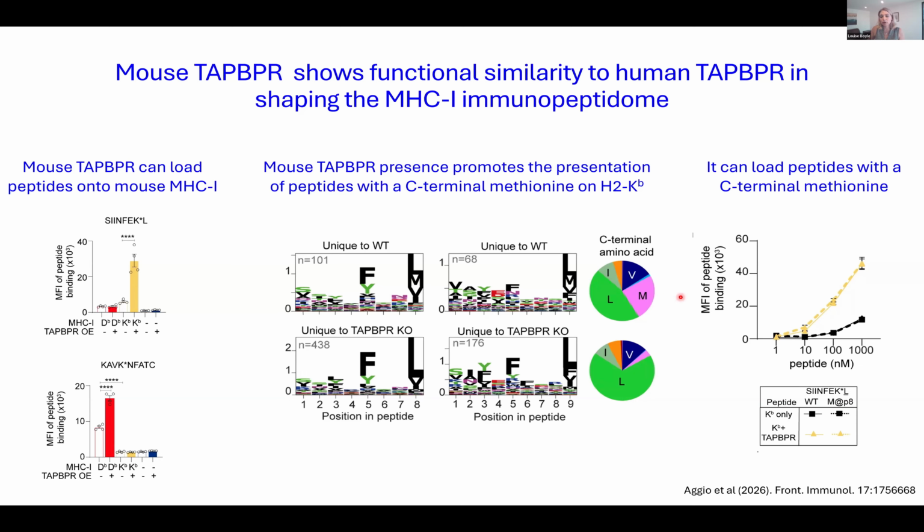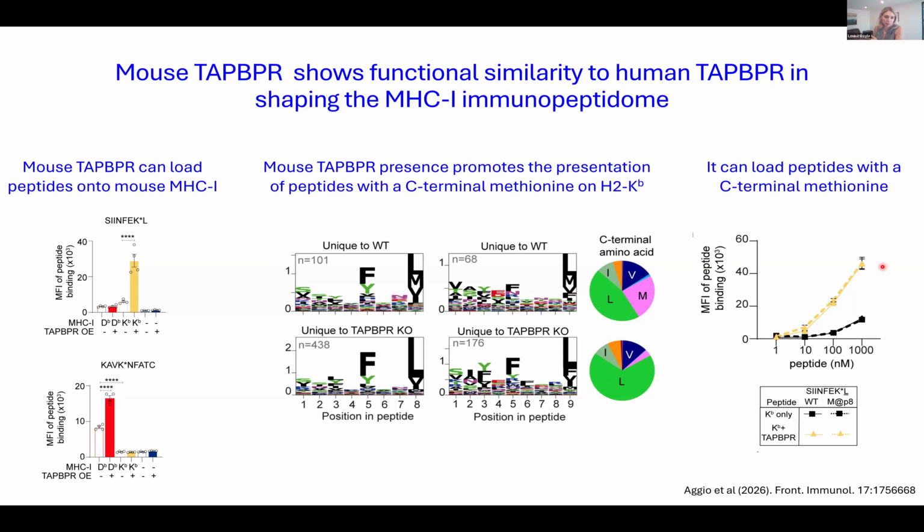And for H2KB molecules in mice, we found that murine TAPBPR presence was promoting the presentation of peptides with a C-terminal methionine residue. And we also went on to show that mouse TAPBPR could load peptides with the C-terminal methionine residue as efficiently as it could load peptides with a C-terminal leucine residue.